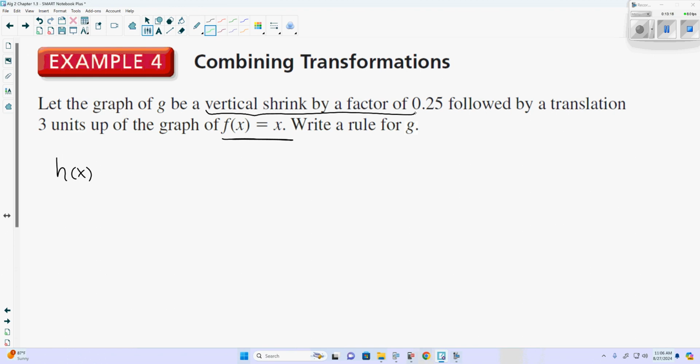Now h of x is going to be the one we use to apply the vertical shrink. So vertical shrink, our general form is a times f of x. Vertical stretch or shrink, a times f of x, where a is the amount that we're stretching or shrinking the function by. Now for this here, our a value is going to be 0.25.